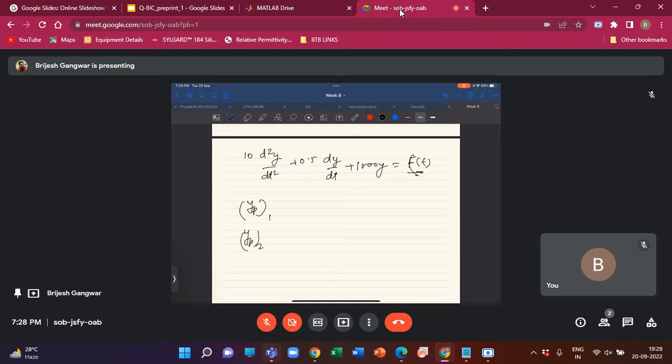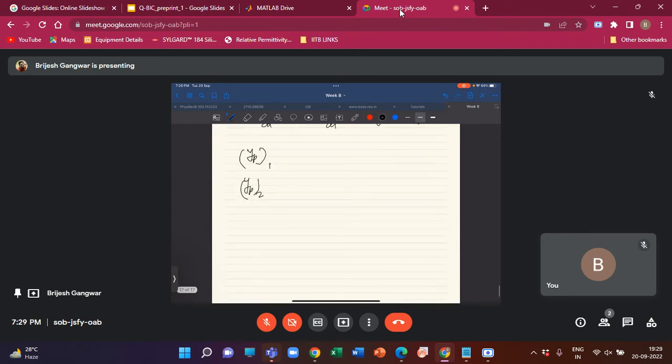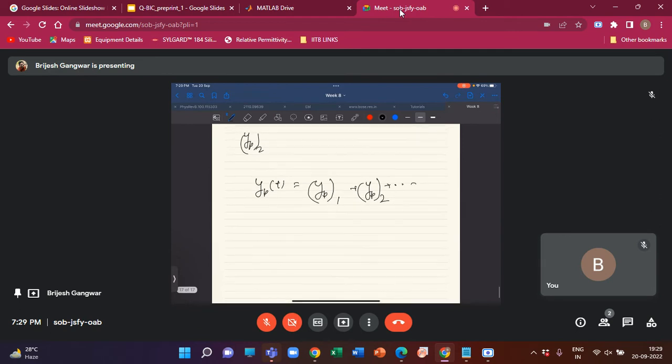Corresponding to the second term, it will be y_p2. So finally the steady state solution you will get is y_p(t) equal to y_p1 plus y_p2 plus dot dot dot. We will go up to three terms.